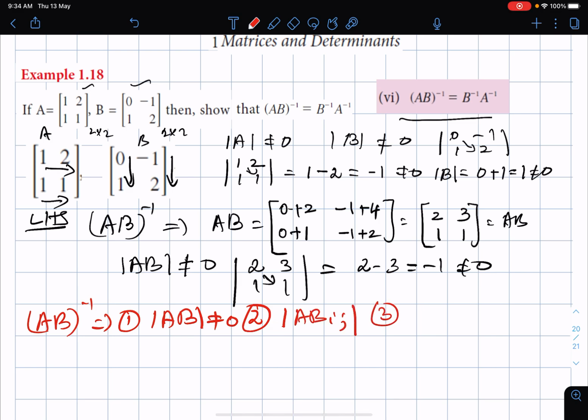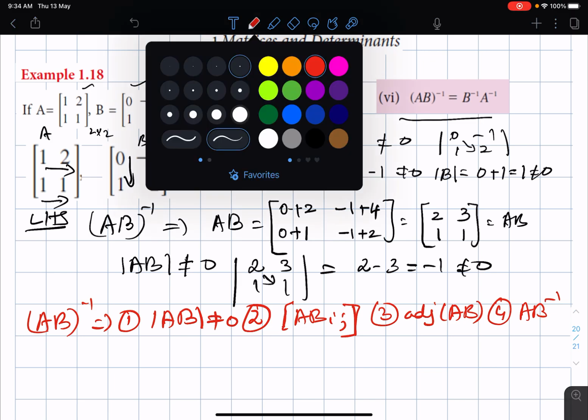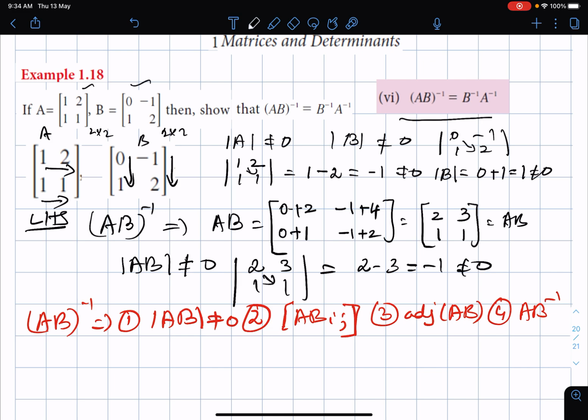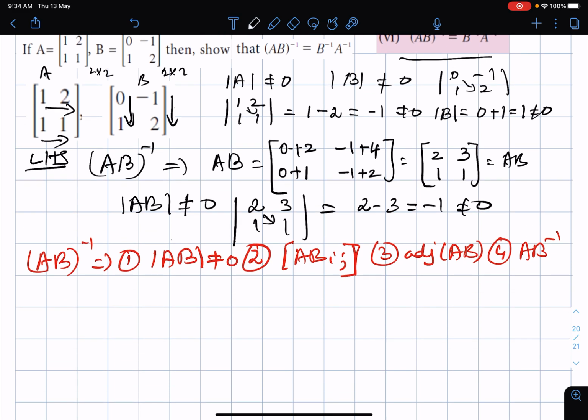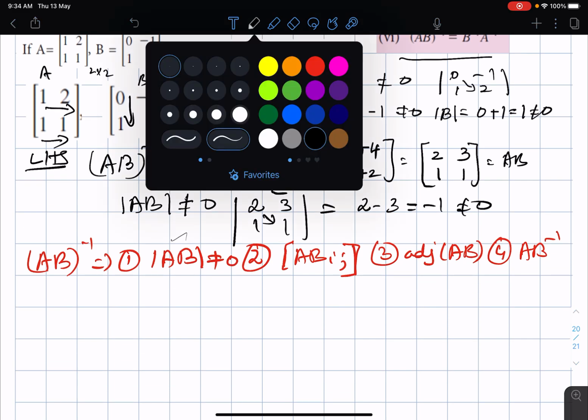Third one, adjoint AB. And fourth one, AB the whole inverse. These are the steps you are going to do. So shall we go to the first one? We have already done the first step, isn't it?